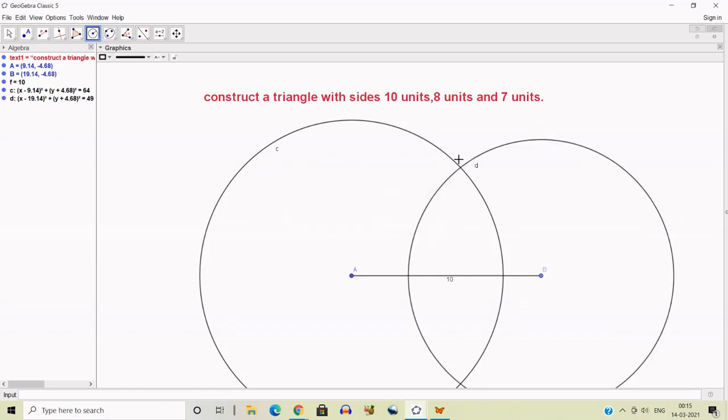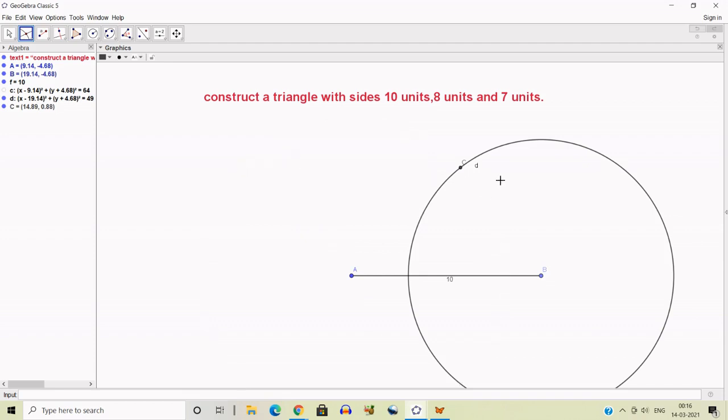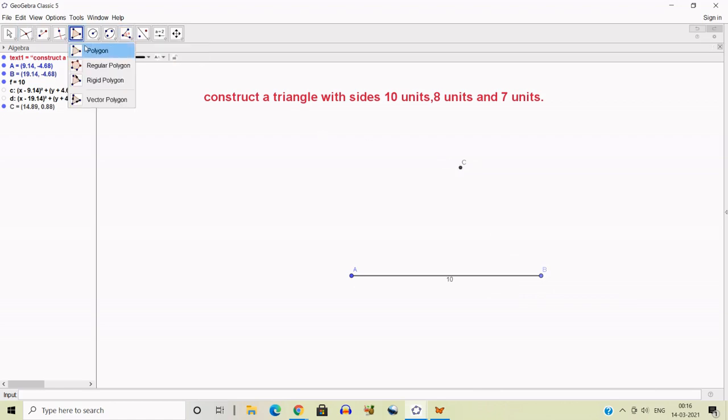Now we will get the point of intersection of these two circles, this point which we named as point C. Now we will remove these circles. We'll remove this circle and we will remove this circle also. And now we are left with the 3 points that are A, B and C. Now we will join these points, that is, we draw a polygon A, C, B, then A again. So ABC is the required triangle which we have to construct.